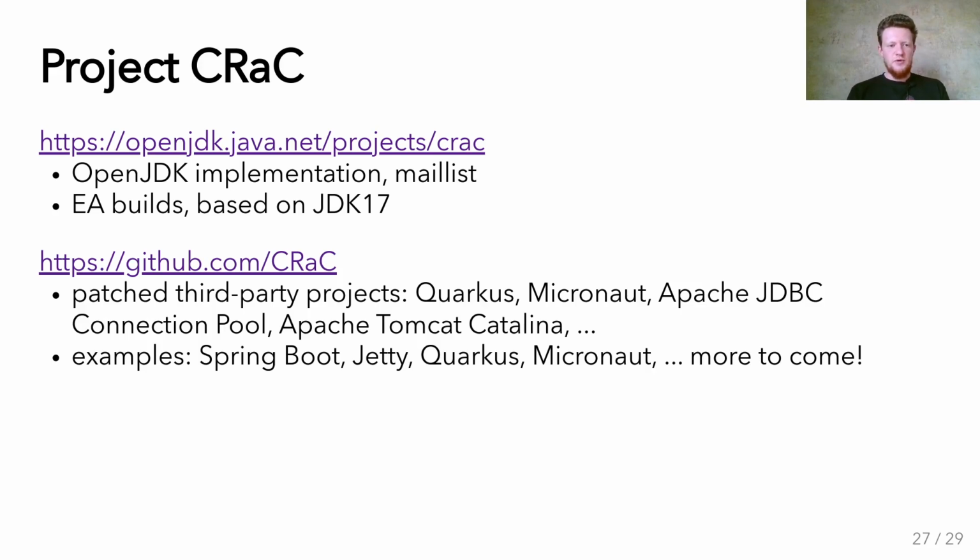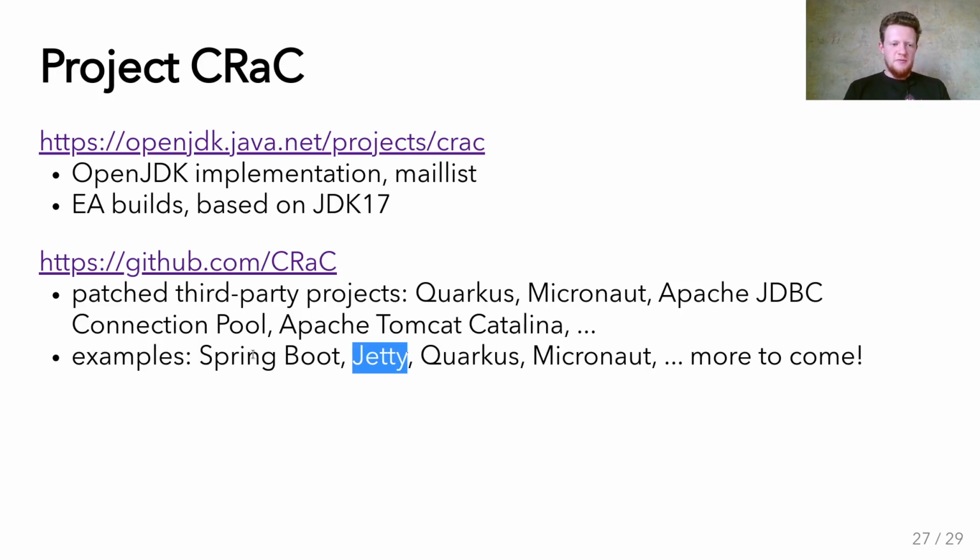A few of them are using different approaches. For example, Jetty is more of a library, so the coordination is implemented in the example itself. You may think of the Jetty example as the simplest example of using the CRaC API.